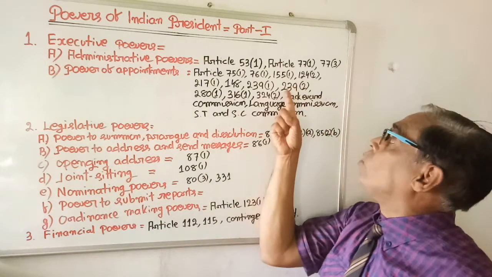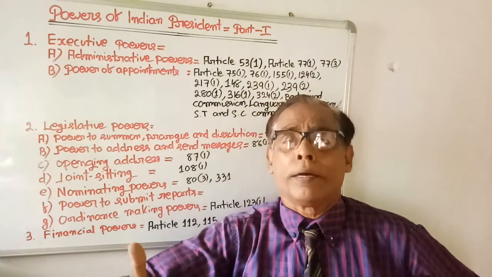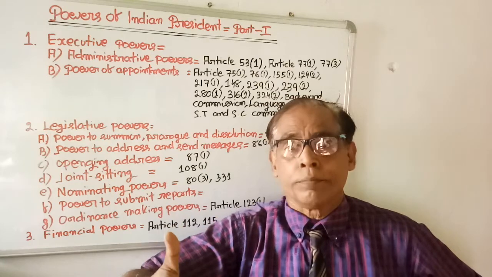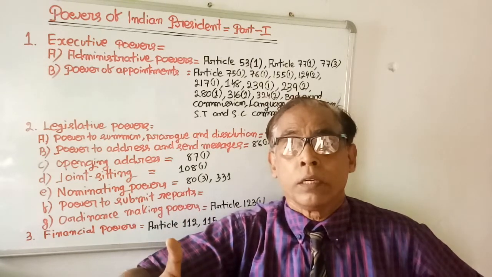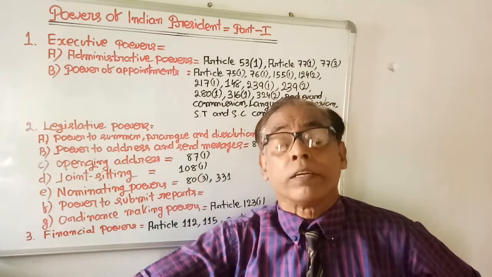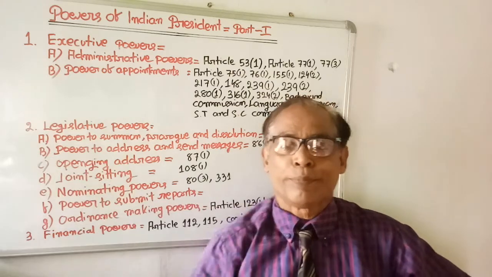And under Article 239 Clause 2, the President has the power to appoint a governor of a state as the lieutenant governor of the adjoining union territories.